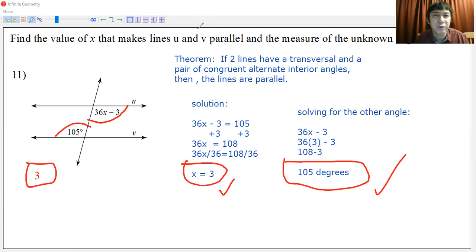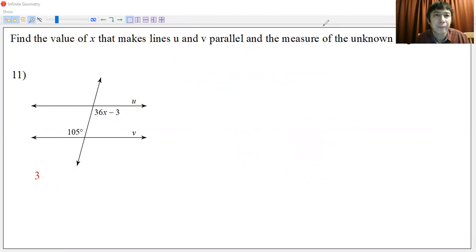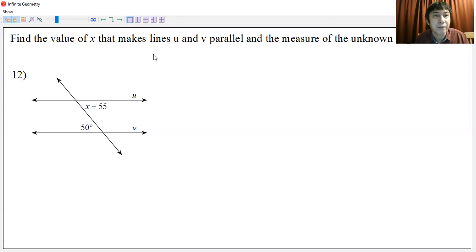All right, so we continue with number 12. Let's clear the screen for number 11. Let's continue with number 12. Let's read the instruction. Find the value of x that makes lines U and V parallel, and the measure of the unknown angles.